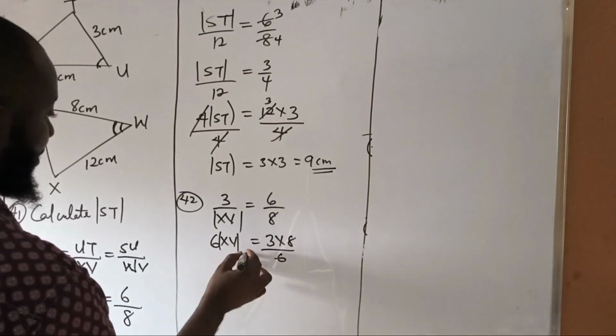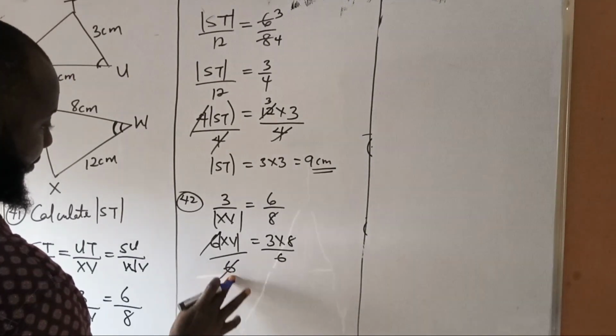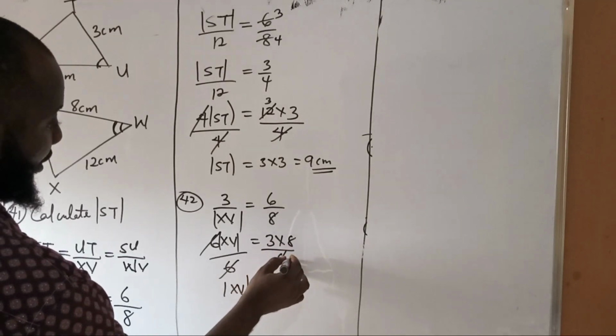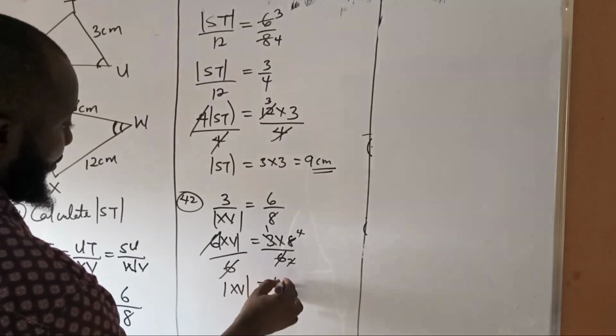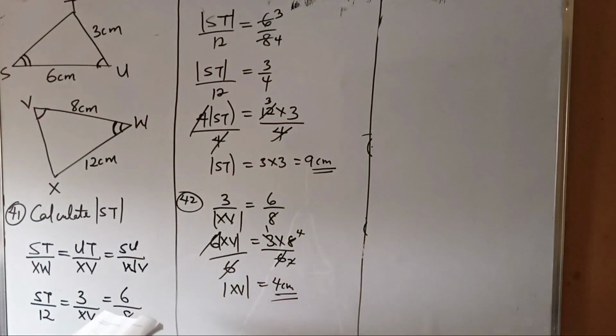Divide both sides by 6. So therefore XV will then be 3 here 2, 3 here 1, 2 here 1, 2 here 4. So that would be 4 centimeters. And the answer is there, 4 centimeters.